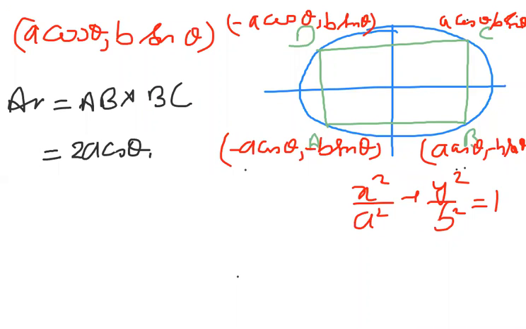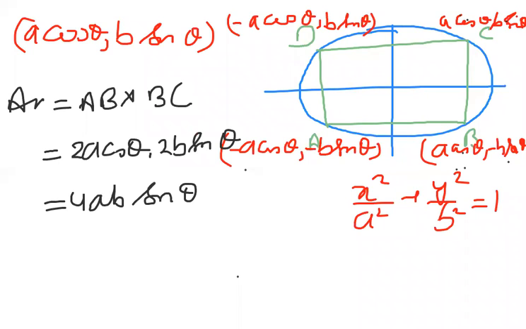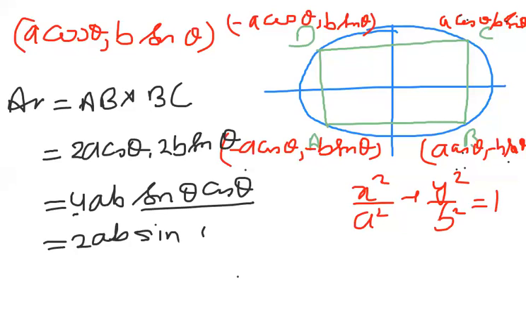Distance is the root of x2 minus x1 whole square plus y2 minus y1 whole square. That one I am applying. So this minus this is 0, this minus minus is plus, so 2b sine theta. It becomes 4ab sine theta cos theta. I could also write 2ab, and the 2 which is left, 2 sine theta cos theta, will be sine 2 theta. This will be f theta.